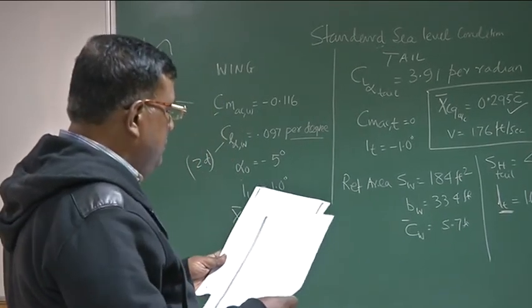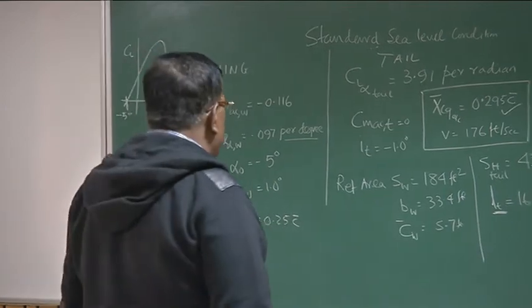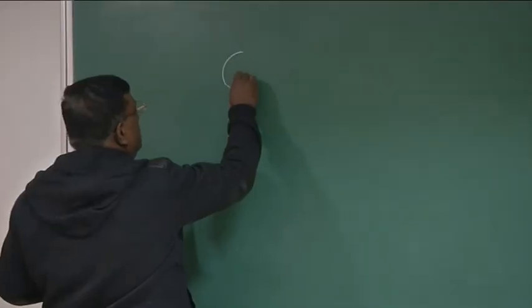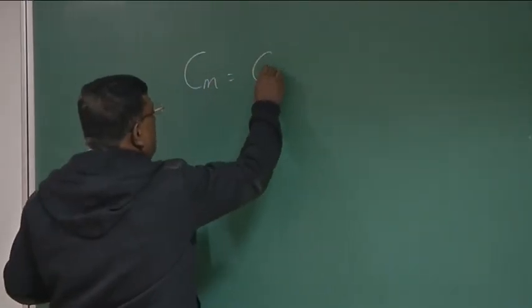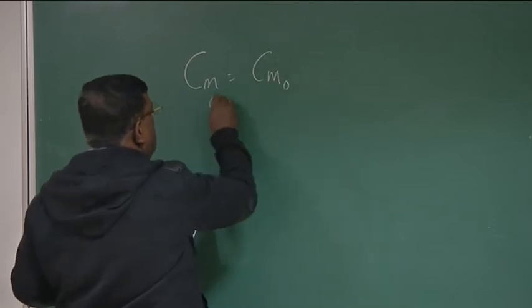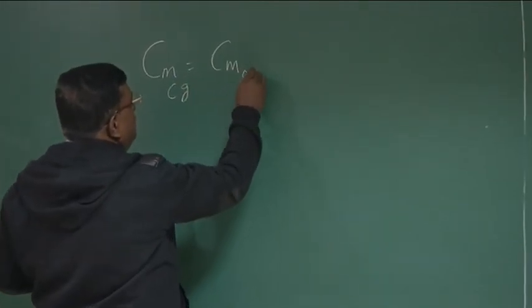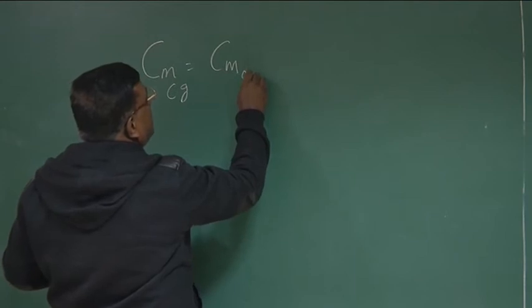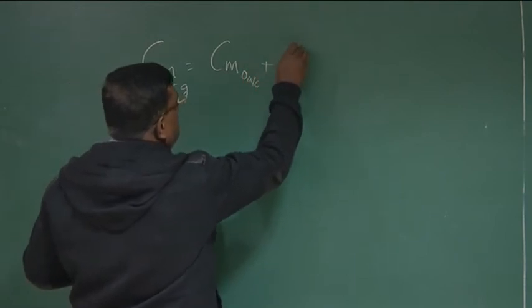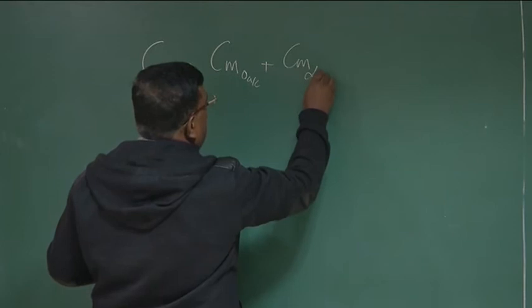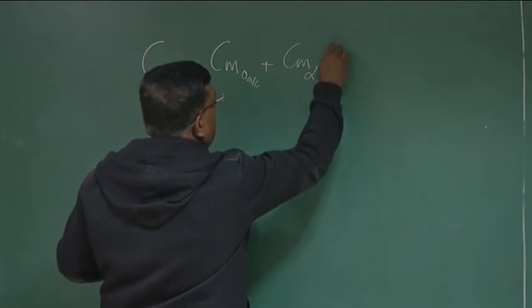Okay, this is fine. Now, what is our aim? We know Cm equals Cm naught of the aircraft plus Cm alpha of the aircraft into alpha, right?